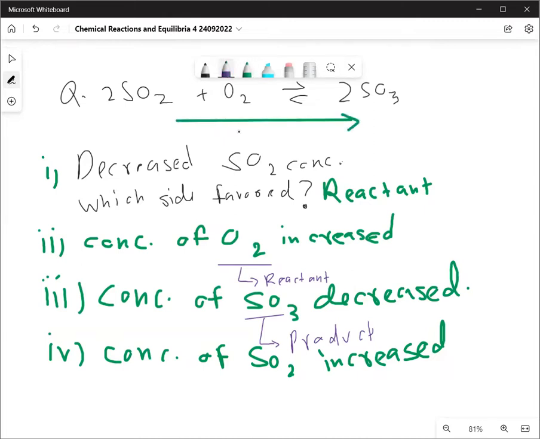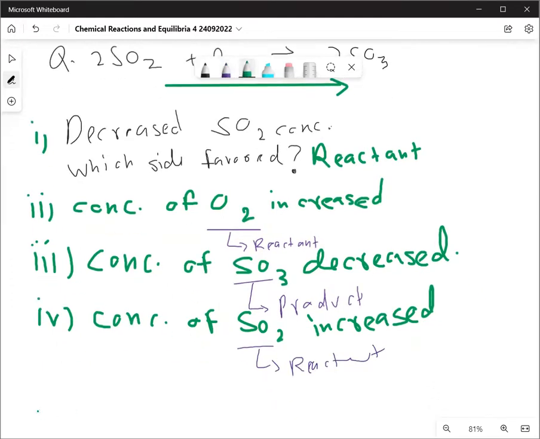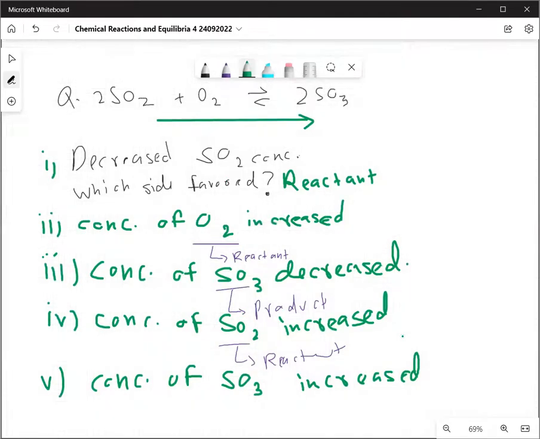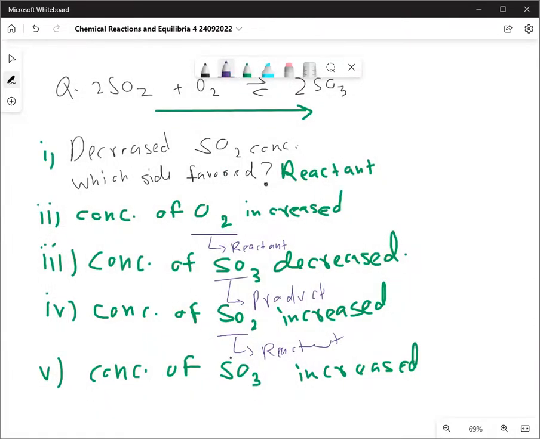Forward. Does it make sense? Yes. Let's try one more, the fifth one. The concentration of SO3 is increased. Niranjana, tell me the answer. First, you need to realize the first step, you're skipping it. Tell me, is SO3 a reactant or product?